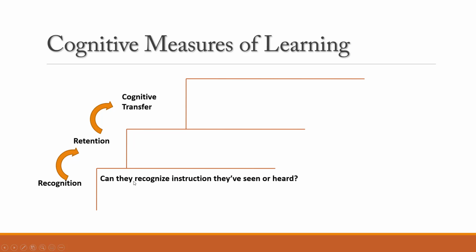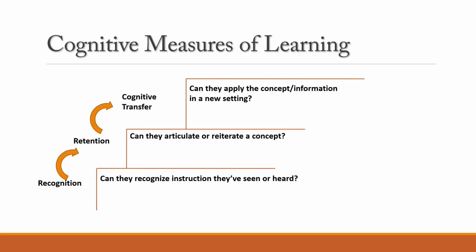Recognition is exactly that. It's measuring: can the students recognize instruction that they should have seen or should have heard? Retention helps us answer the question of whether they can articulate or reiterate a concept. And transfer asks: can they take their understanding of that concept and apply it to new information or a new setting?